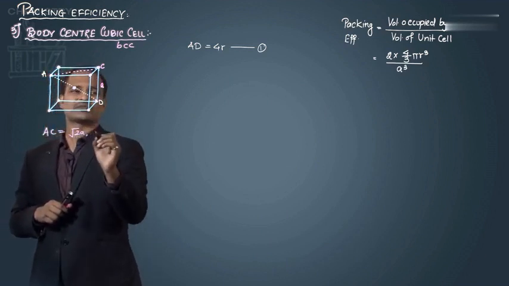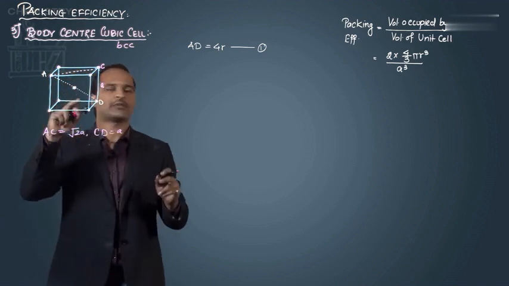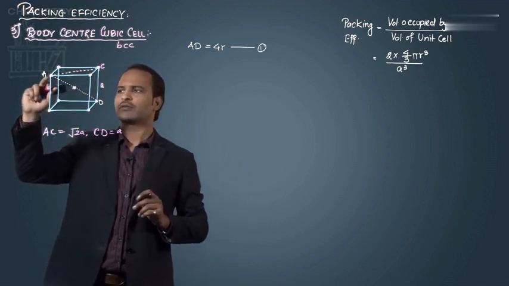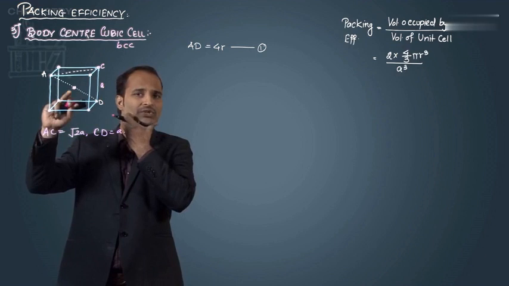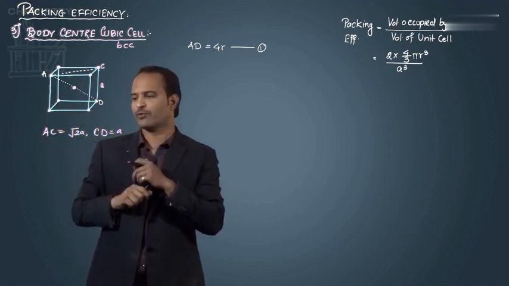So I have AC is equal to root 2 a, CD is equal to a, and finally I want AD. I got AD is equal to 4r. How 4r? Because it's the diameter of this and radius of this and radius of this. Diameter, that is 2r, radius of this 3r, and the radius of this, that is 4r.